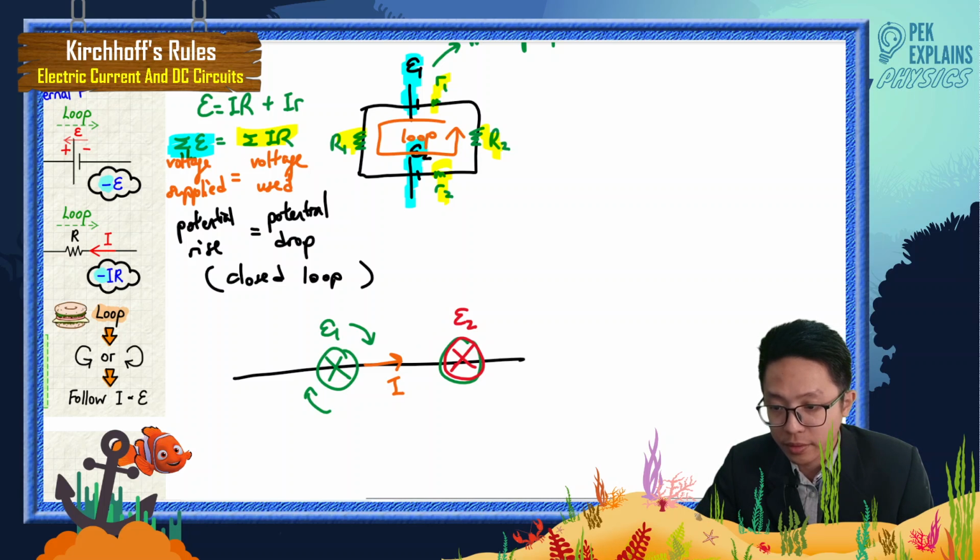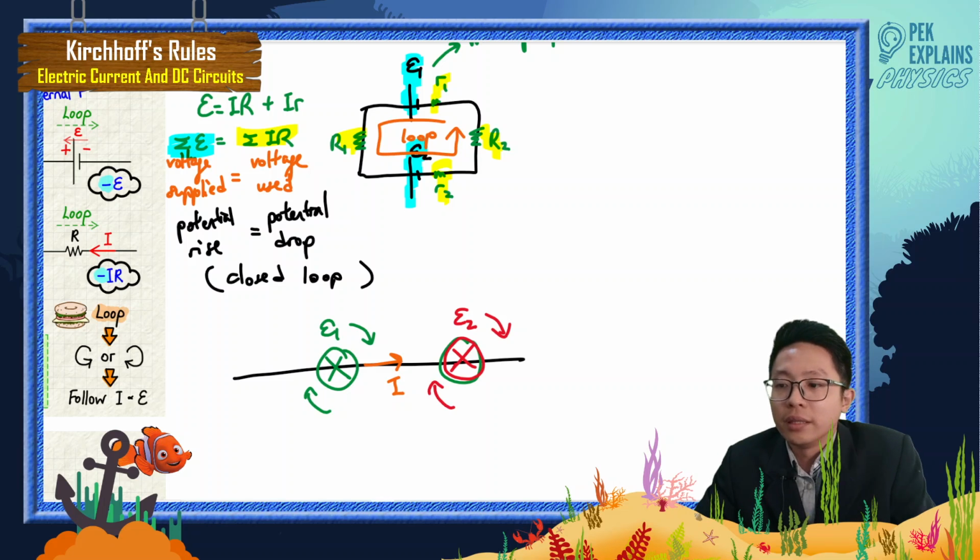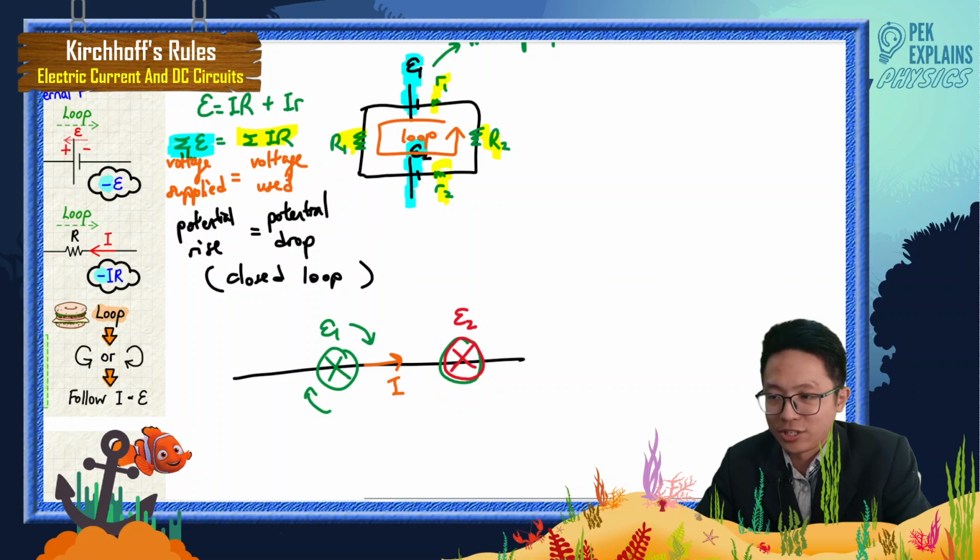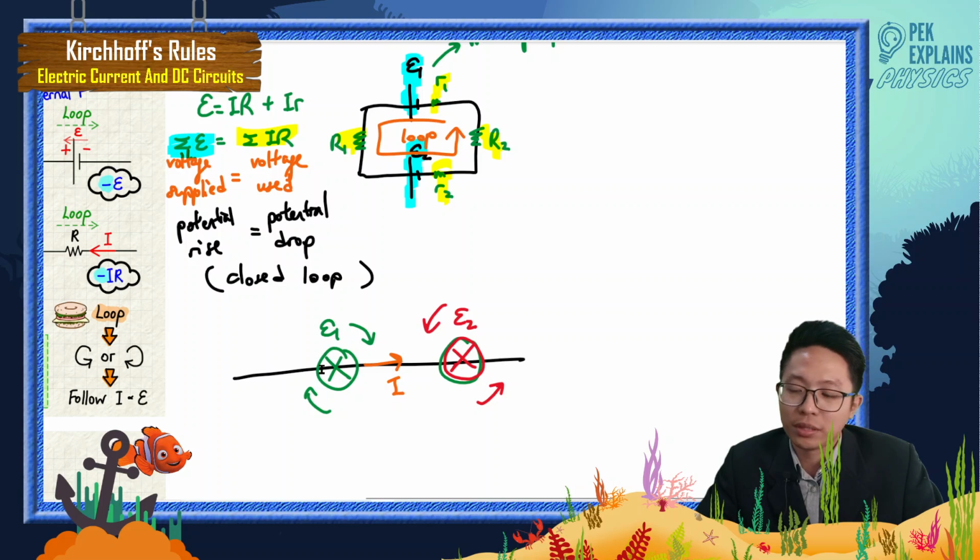Then the current will become stronger. But instead, this pump rotates in the opposite direction. Pump 1 rotates clockwise, but pump 2 rotates anti-clockwise. So it slows down the current. It makes the current smaller, because this one pump is in the opposite direction.